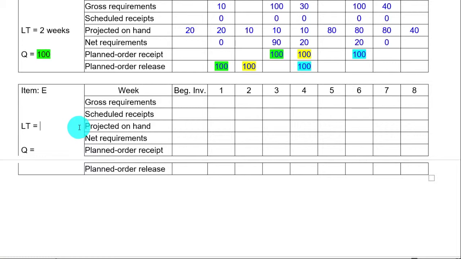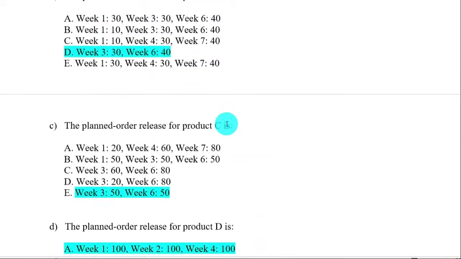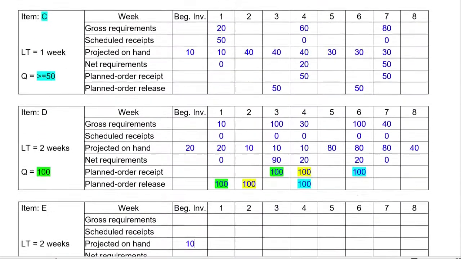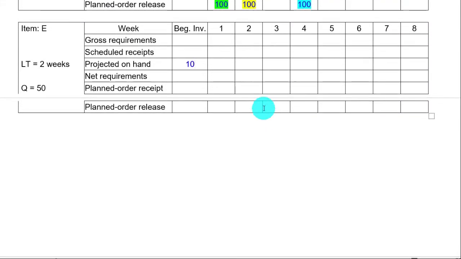Item E, lead time 2 weeks. Order size 50. Okay, 10 on hand, right? Yes. 10 on hand. On order is 0.